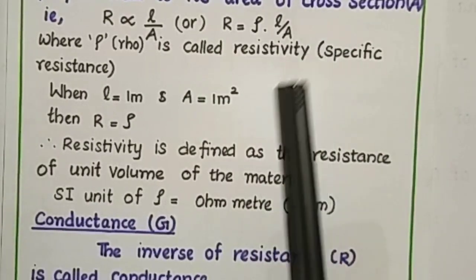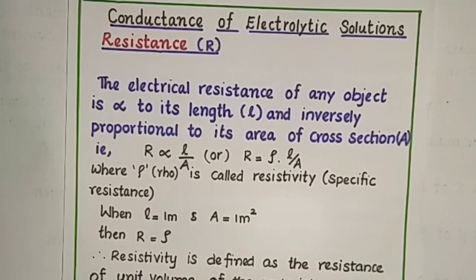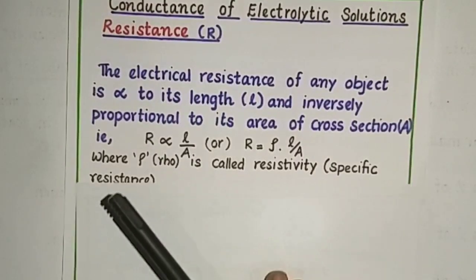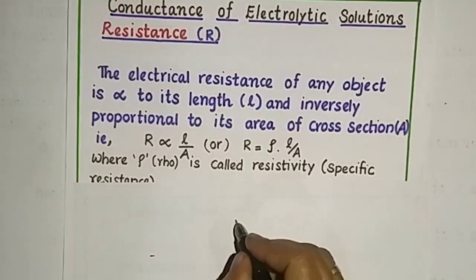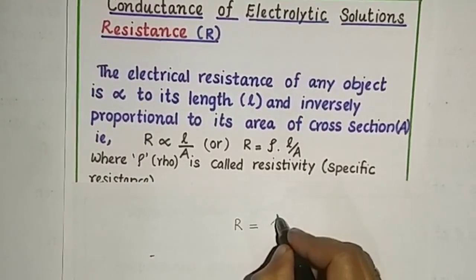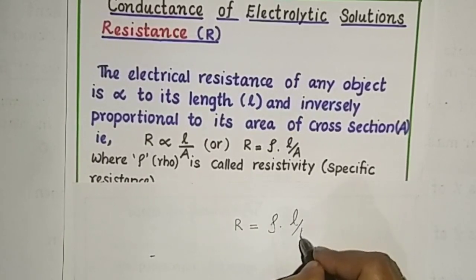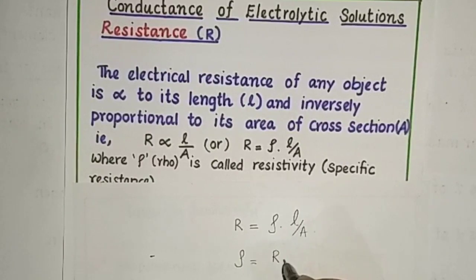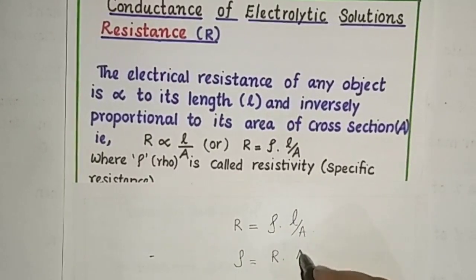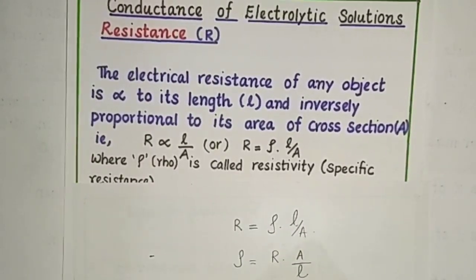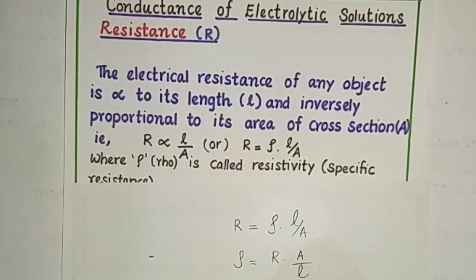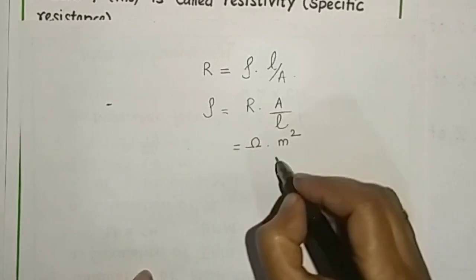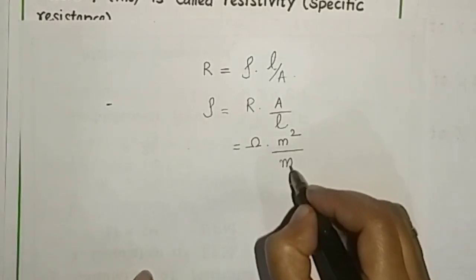The SI unit of resistivity we can find out. We know that R is equal to rho into L by A. Then rho is equal to R into A by L. The unit of resistance R is ohm, A is meter square and L is meter.